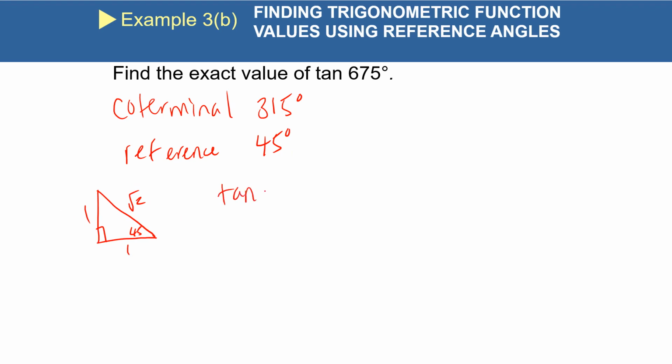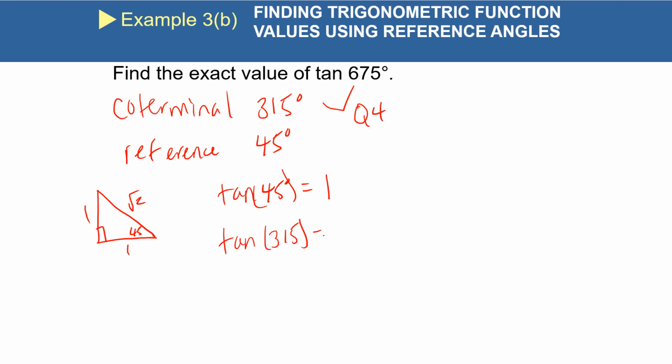And we're looking for the tan of 45. What is the tan of 45 degrees? 1, right? So the tan of 45 degrees is 1. However, where does our coterminal in 675 lie? In quadrant 4. So what does that mean for the tan of those two? It's going to be negative.